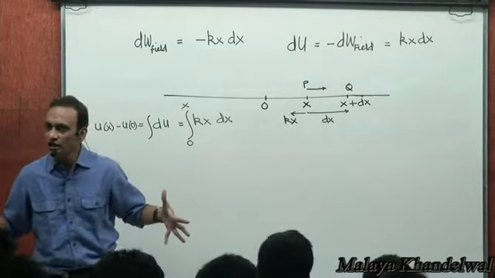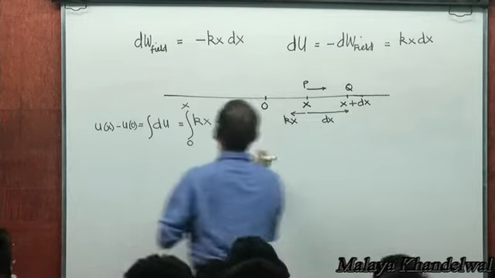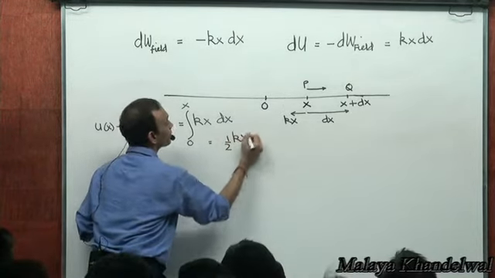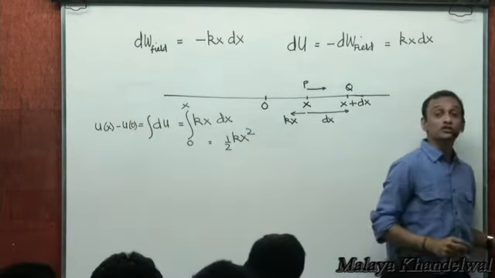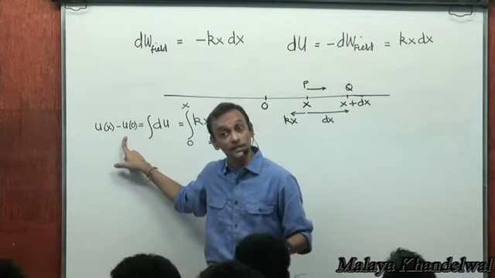That's the change in potential energy of the particle between 0 and x, right? Which then, as you can see, is half kx squared.